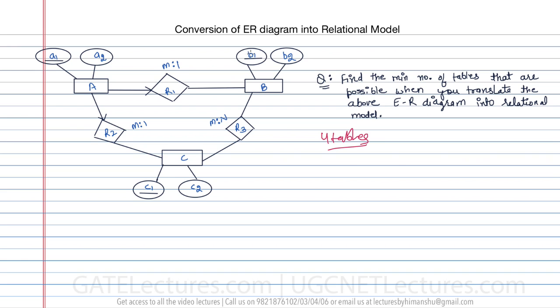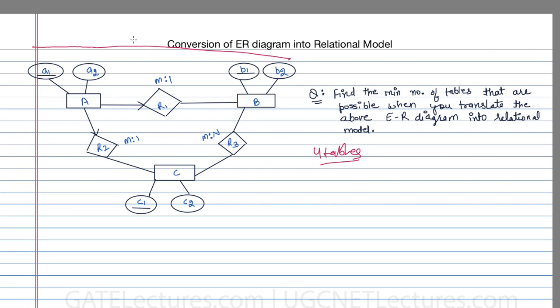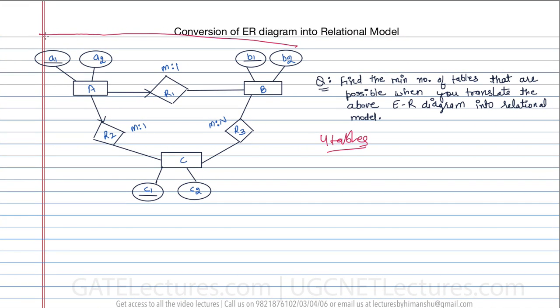If you look at the relationships, for this relationship, how many tables do we require? This is the table A and B. Between A and B, how many tables do we require? Because it is a many to one relationship, we only require 2 tables here.